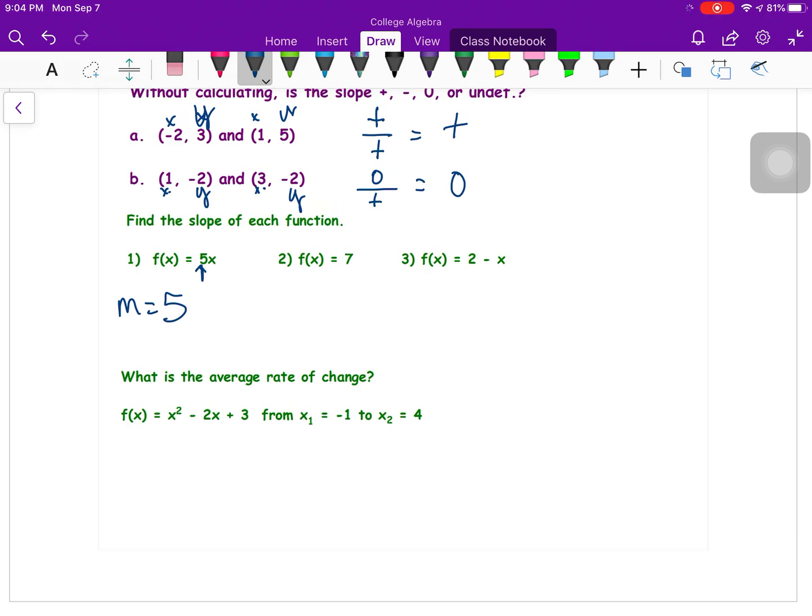I have no x's, so this is like writing y equals 7 plus 0x. So my slope is 0. F of x equals 2 minus x. What's in front of x is a negative 1. So my slope is negative 1.